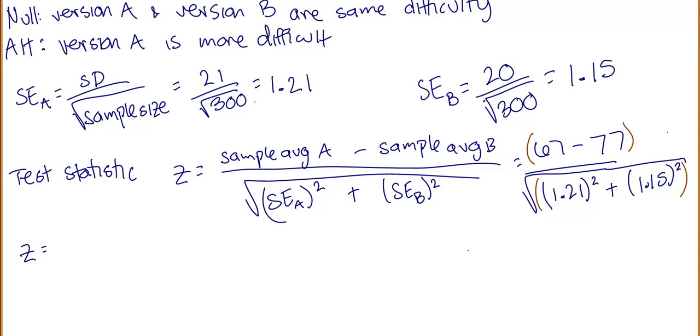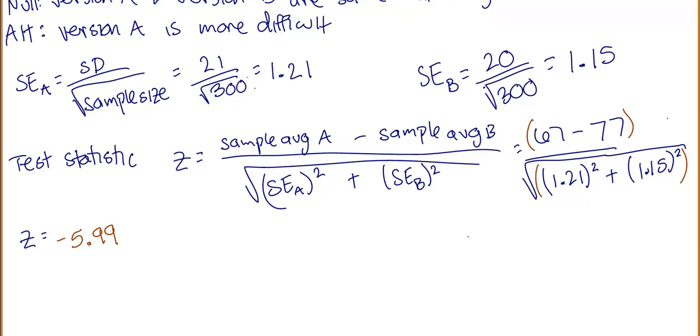So I got Z is negative 5.99. Everyone else, I guess make sure you get that same answer.